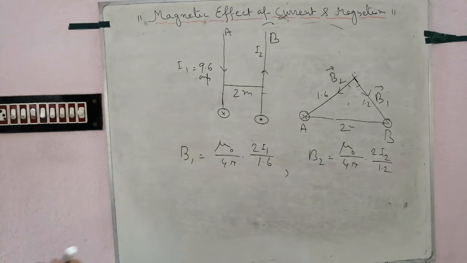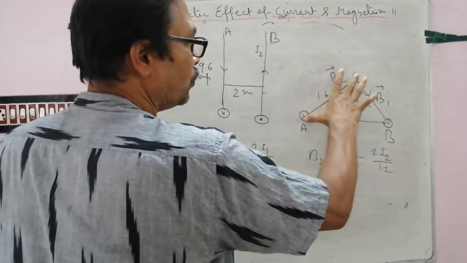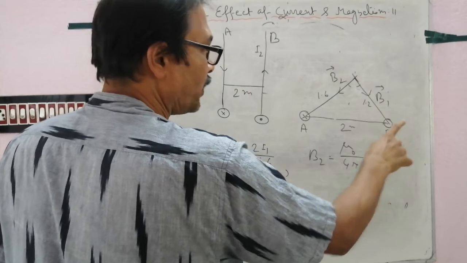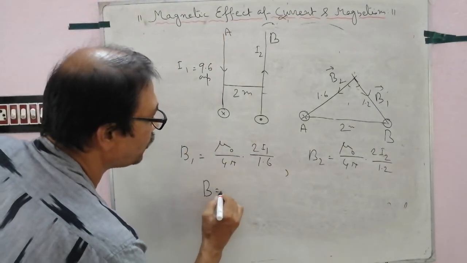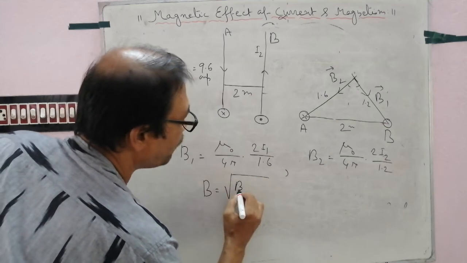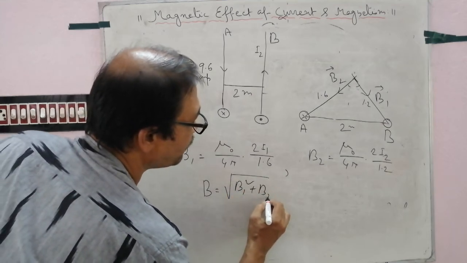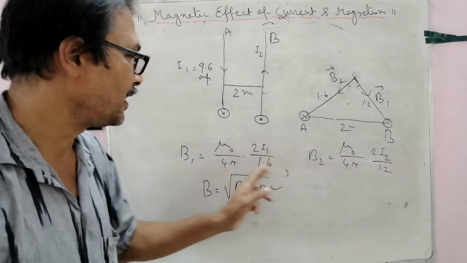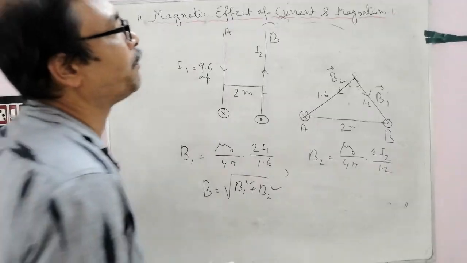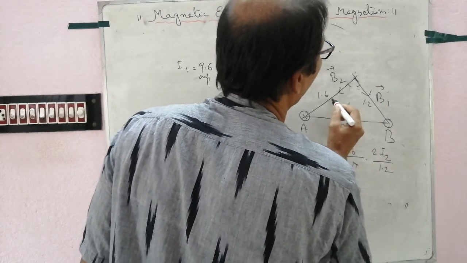Clear? The distance here is 1.6 and the direction is in this way, but both are mutually perpendicular to each other. So B equal to root over B1 squared plus B2 squared. Putting the values of I1 and I2, you will get the final result. The final will be in this way.